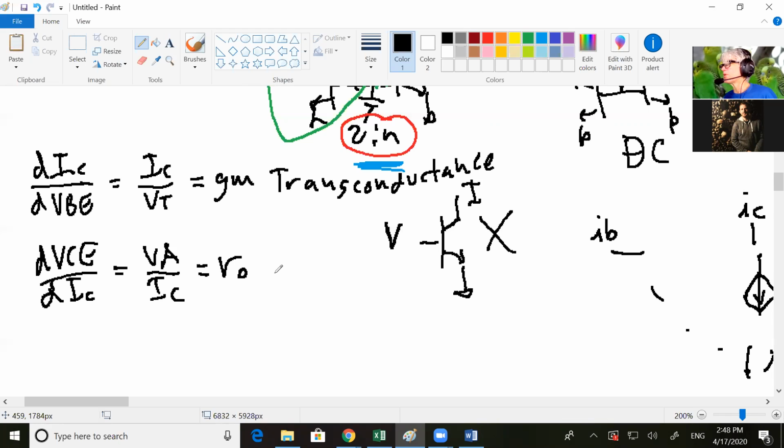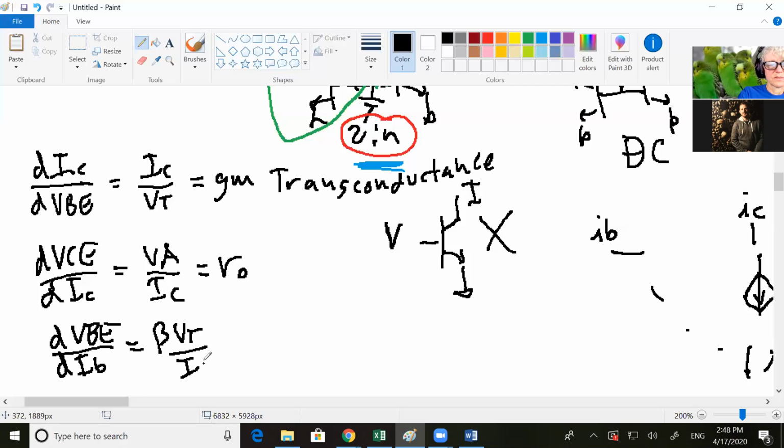So I'll just call it RO in this class. I won't call it R out. And then you also did this third one. We didn't quite get through that math in the first section, but that's what you would have gotten. And this is also used so much, it's called RPi. They gave it another name, so it would be easy to talk about.